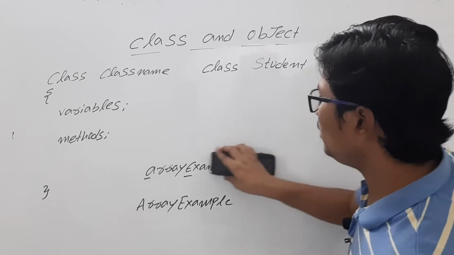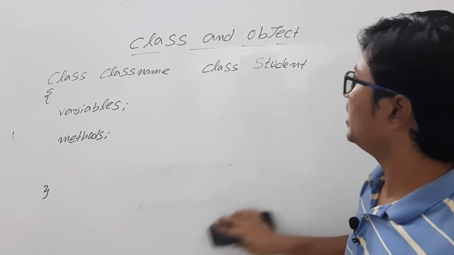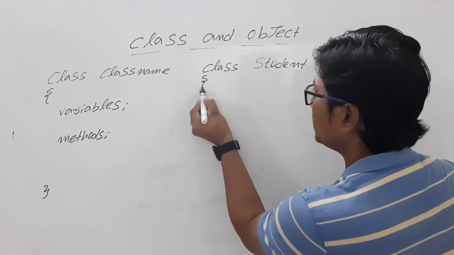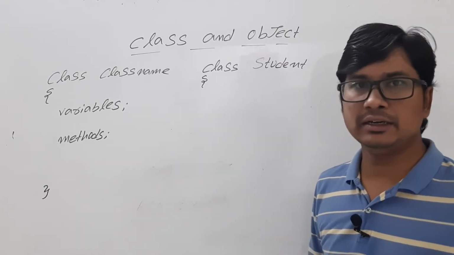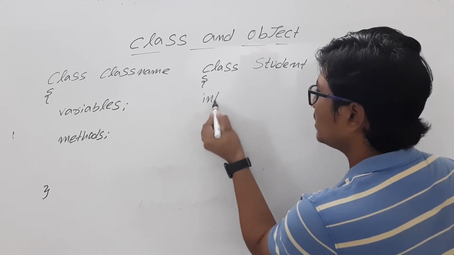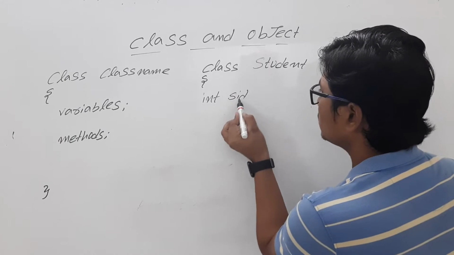Now, let me have some variables and methods inside the class called Student. I will open the curly braces. Student will have a student name and a student ID. For student ID I will take int, because the roll number will be the ID.